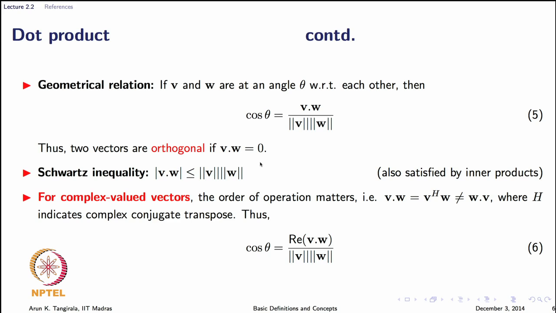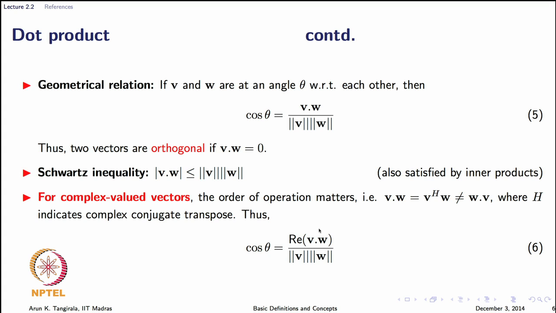And the standard Schwarz inequality on the dot product, we will use this at some point in time. In fact, we'll use this in probably deriving the duration bandwidth principle at a later time. And for complex valued vectors, the ordering matters, as I mentioned earlier, but the rest of the operation is the same. The key difference is, instead of taking the transpose, we take what is known as the complex conjugate transpose, also known as the Hermitian of the vector.